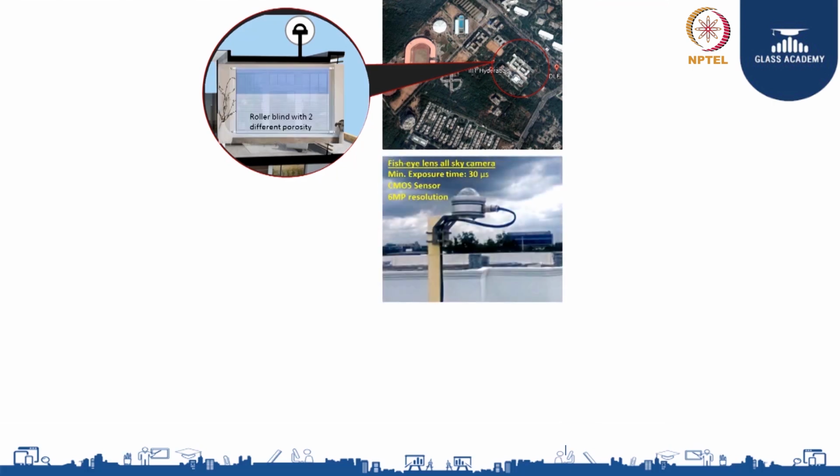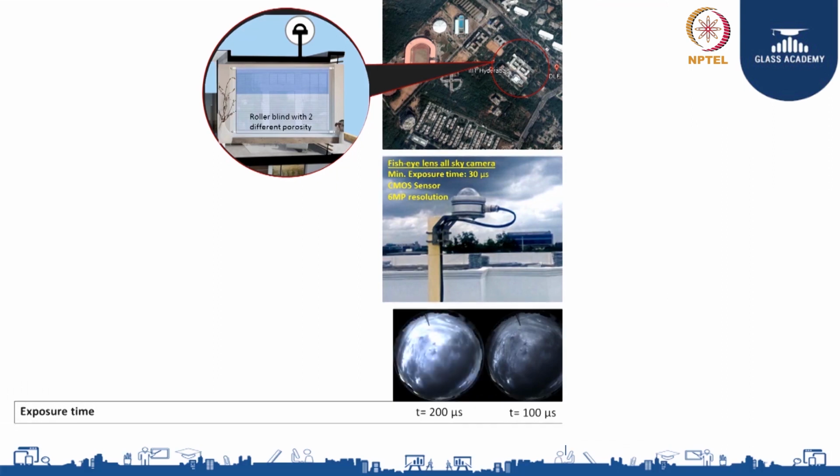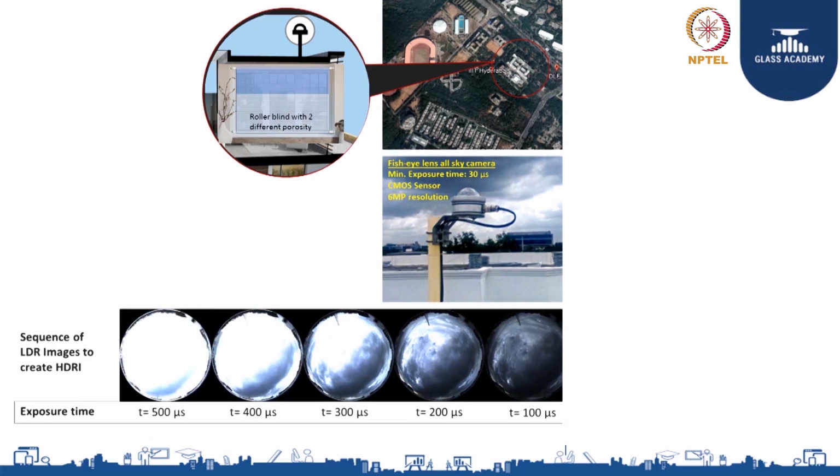So this is an aerial view of a campus. We have located a camera here, and this camera takes pictures of the sky at different exposure times, because there is a huge variation in the brightness of the sky. So we have to take several images at different exposure times and create a high dynamic range image.